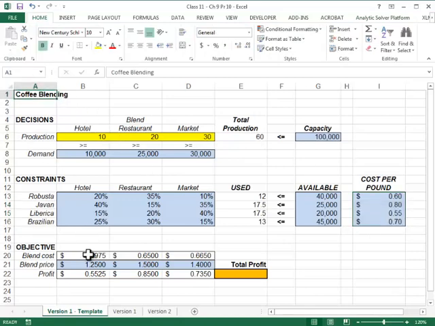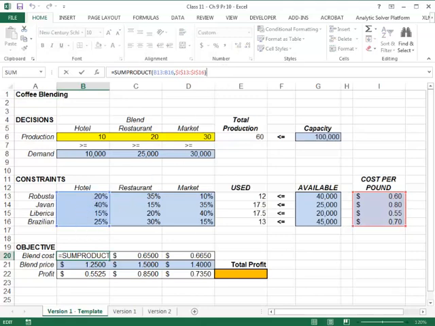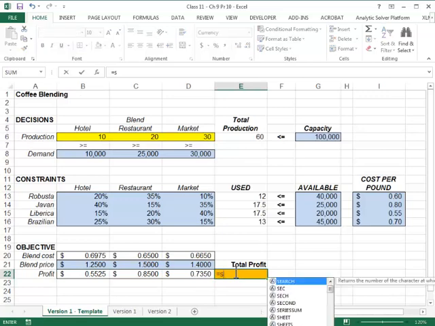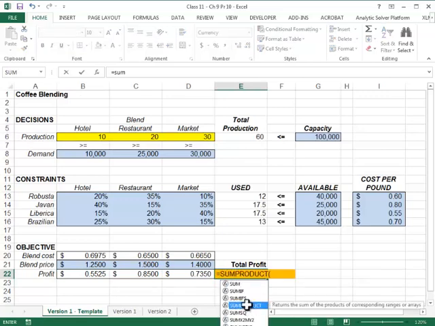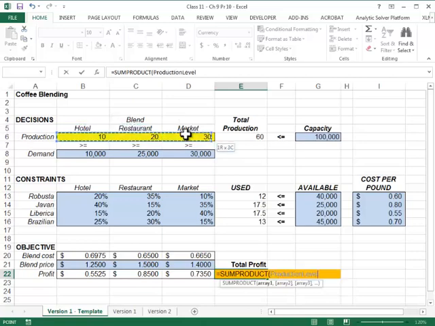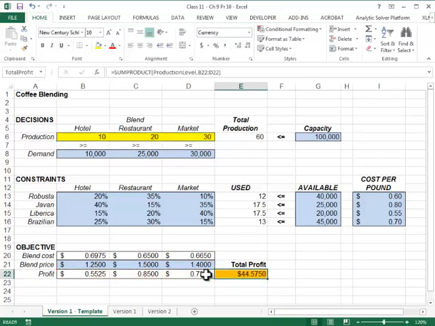So if you look at my formula in B20 here, it says, well, look at these percentages, look at the cost per pound, that gives you your blend cost per pound. And then in the profit portion, I say, well, look at the price minus the cost, that gives you the profit. So let's look at the total profit. It's going to be the sum product of the production level and the profit.